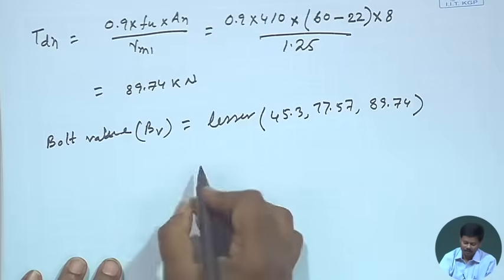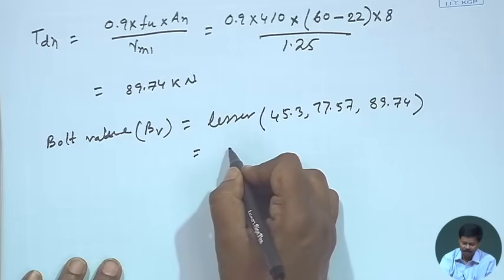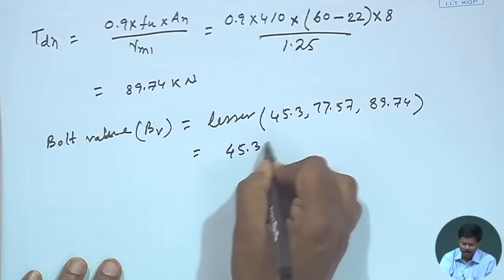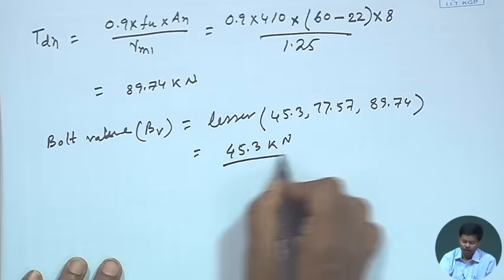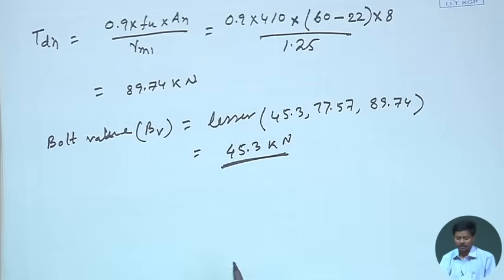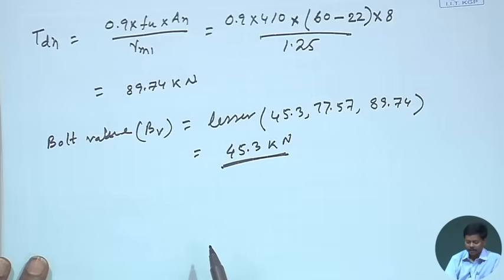So, the lesser of these three is 45.3 kilonewton. So, the bolt value is finally 45.3 kilonewton, right.